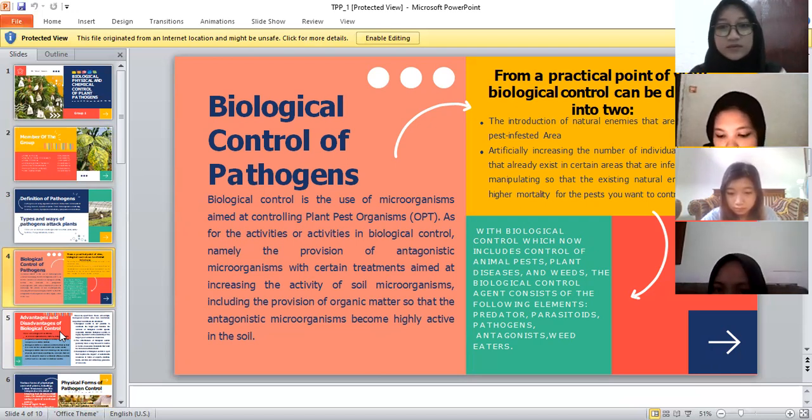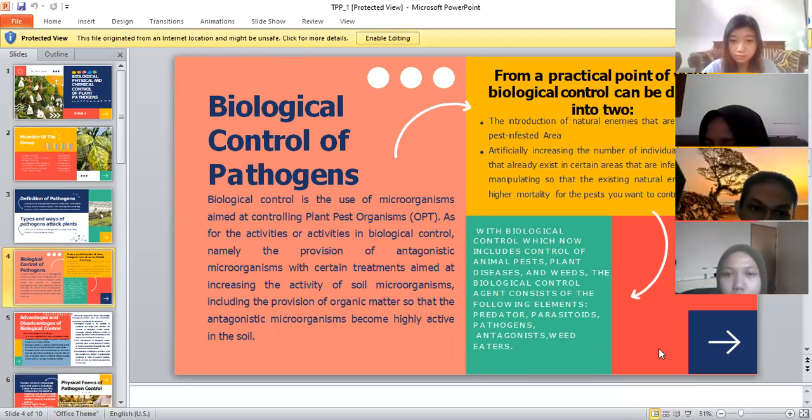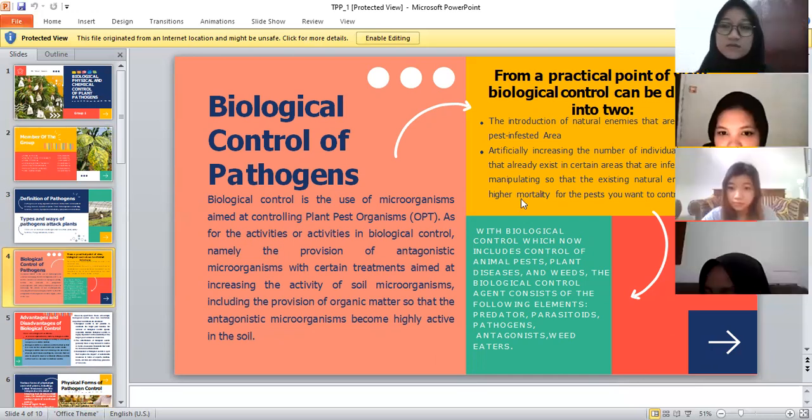Biological control now includes control of animal pests and plant diseases, and the biological control agents consist of the following elements: predators, parasitoids, pathogens, antagonists, and weed eaters.